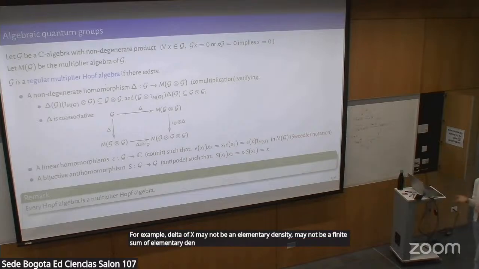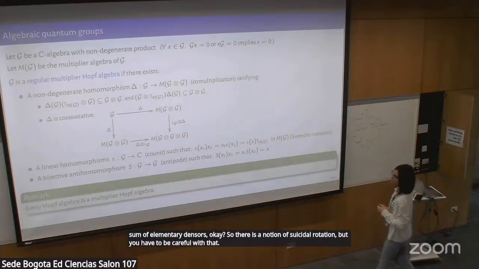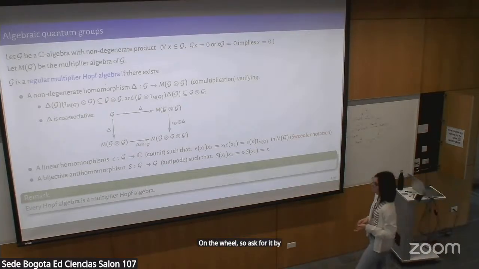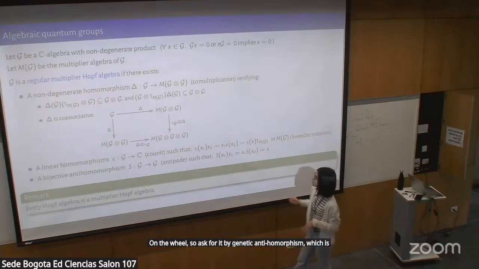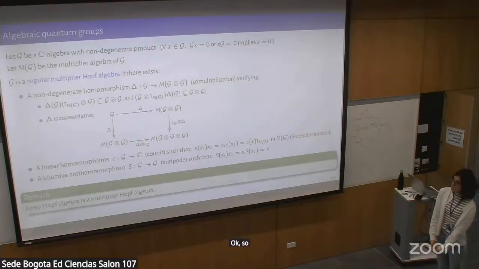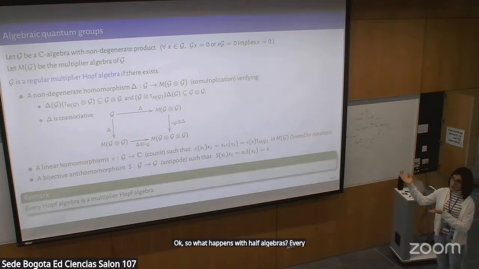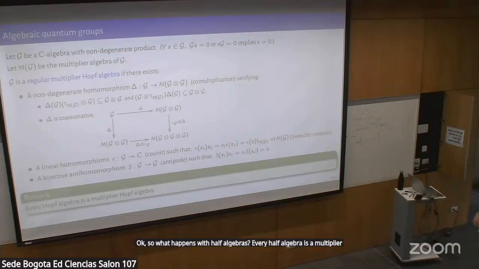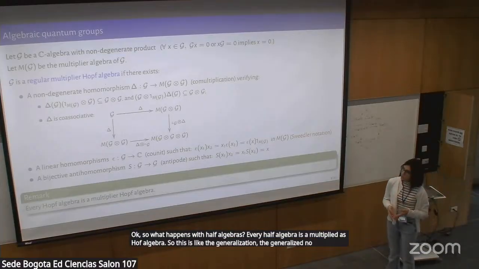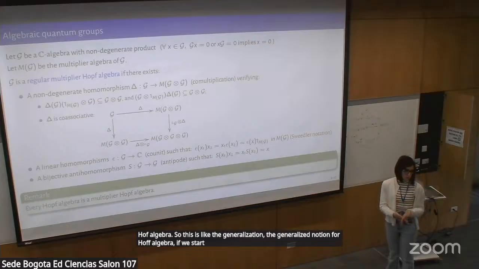So there is a notion of Sweedler notation, but we have to be careful with that. And we also ask for a bijective anti-homomorphism, which is the antipode. So what happens with Hopf algebras? Every Hopf algebra is a multiplier Hopf algebra. This is the generalized notion for Hopf algebras if we start with a non-unital algebra.